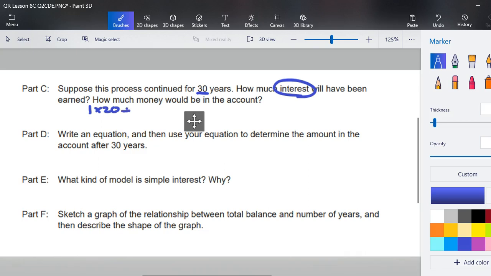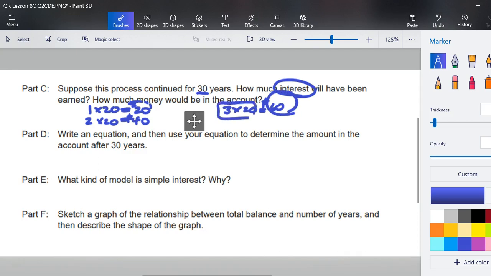The second year, we earned $20, but we already had another $20, so it's actually a 40. That's what we went up. The third year, we also earned $20. But if we look back at the chart, we actually went from 1,000 to 1,020 to 1,040 to 1,060.